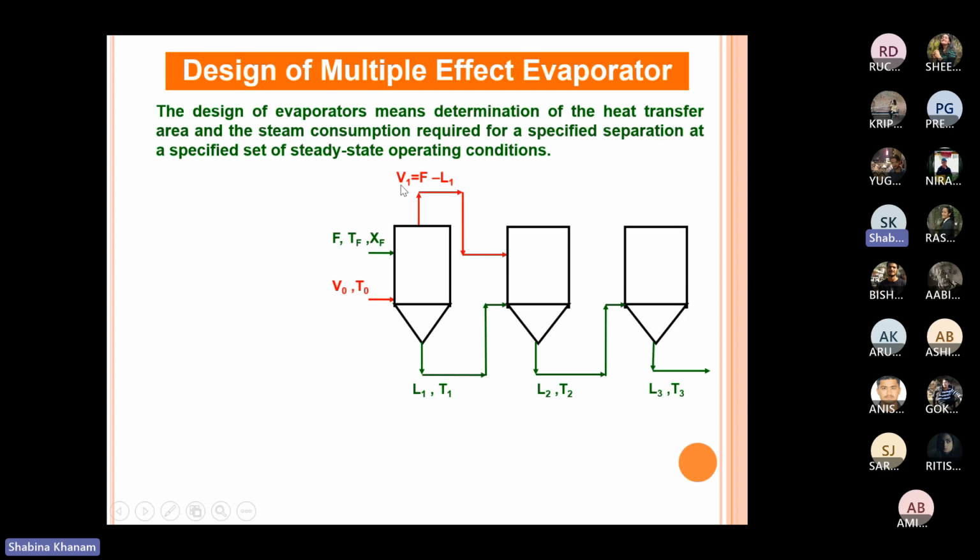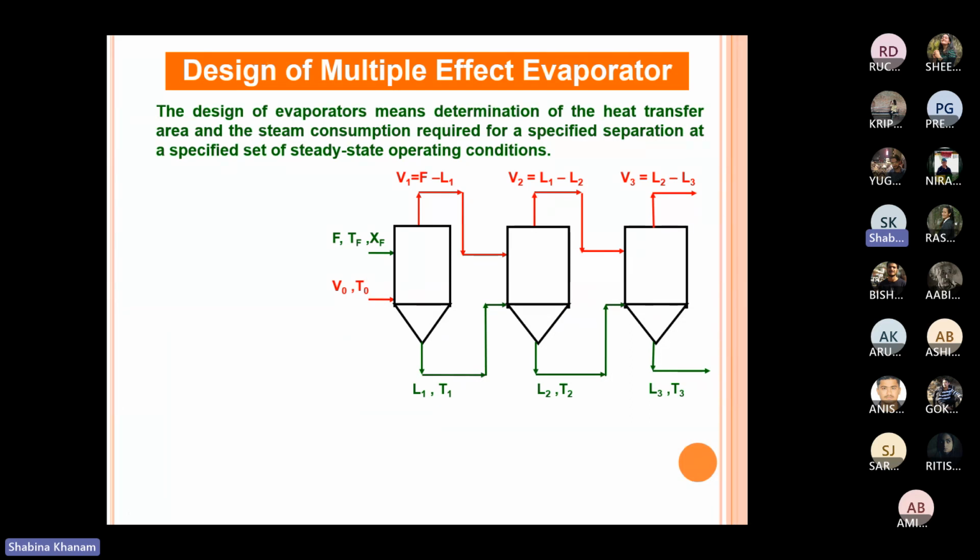Otherwise F, V1, L1, all these would be different parameters. So now vapor is generated in first effect, enters in third effect, and in third effect again the vapor is generated as V2, which is nothing but L1 minus L2, just the mass balance you can see. And then similarly V3 exits from the last effect.